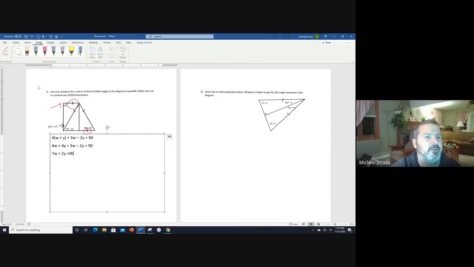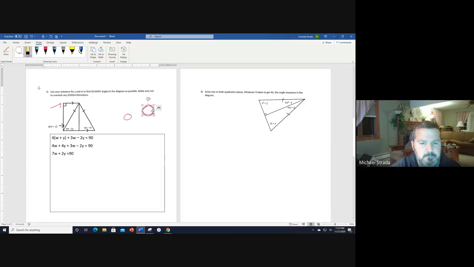Now, at the same time, going back to the diagram. Let me erase the stuff. Okay.